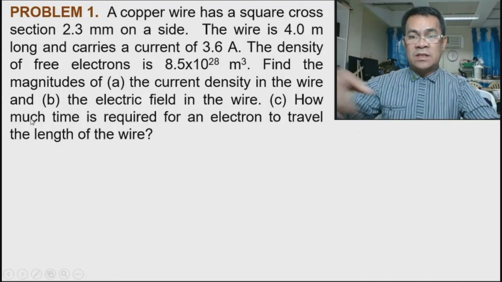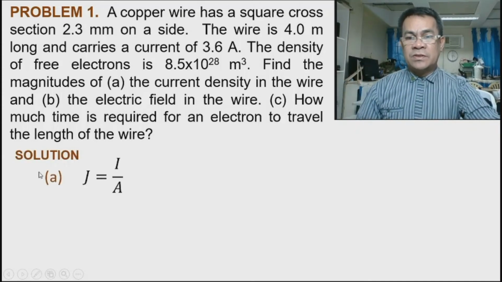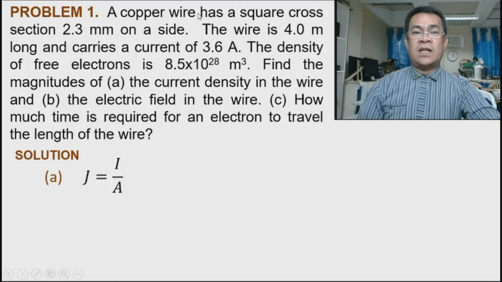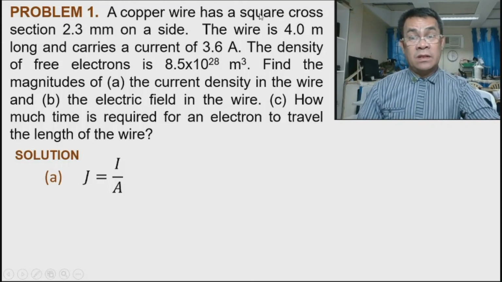So J, what is J? For this solution, J is I divided by A. I is already given, 3.6, so substitute it here. What is the area? This time, take note, this is a square cross section, and this is the side. So this should be 2.3 times 2.3.